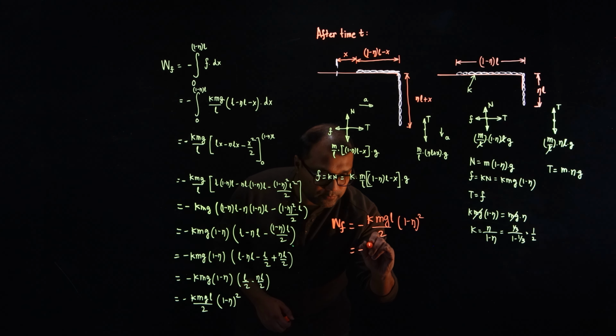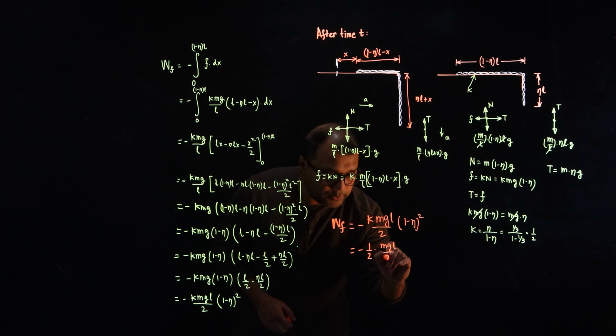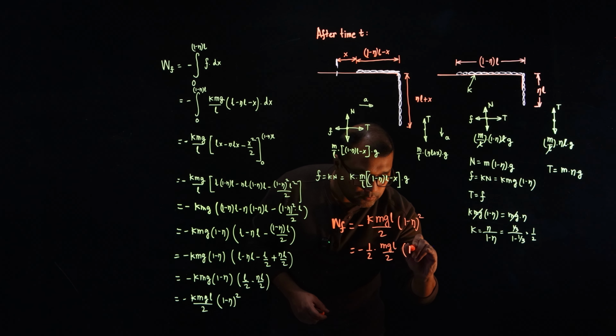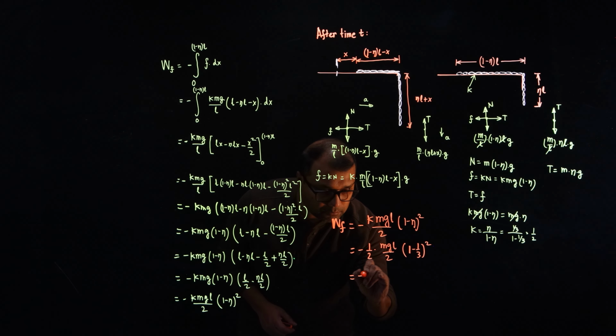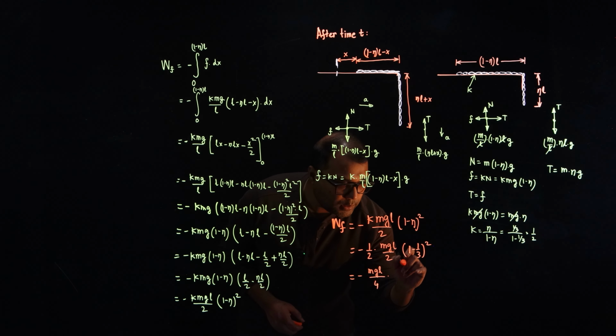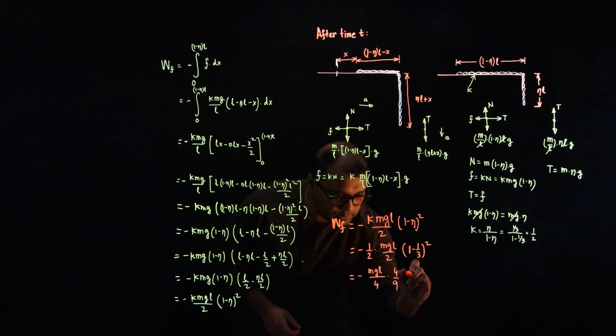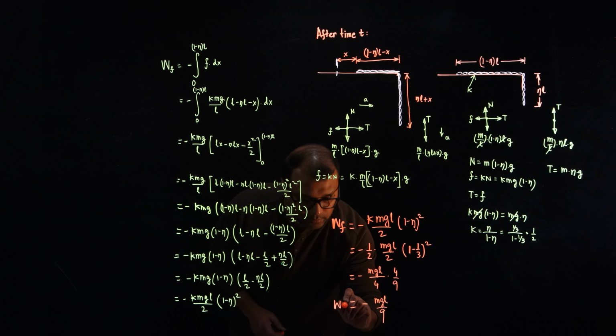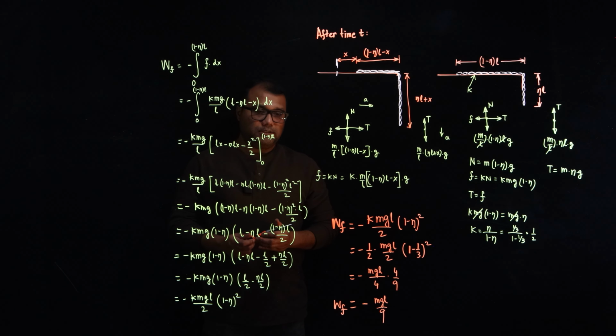So k is half, mgL by 2, and eta is 1/3. 1 minus 1/3 squared, so minus mgL by 4, and this becomes 2/3 squared, or 4/9. 4 gets cancelled. So this is minus mgL by 9. So that's the answer.